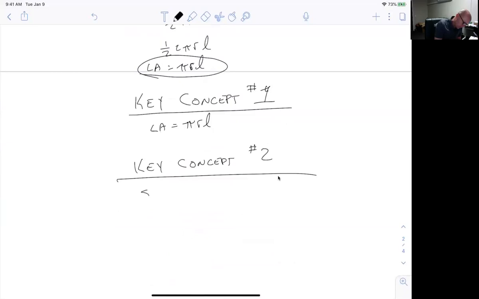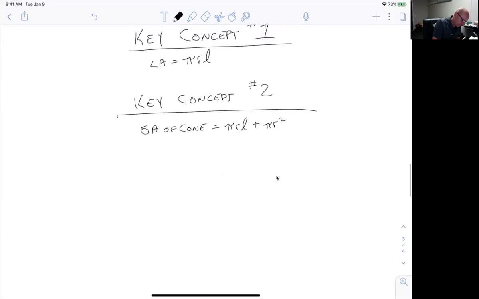So in order to find the surface area of a cone, I would need to take the lateral surface area, which is pi r times the slant height, and add it to the area of the base, which in this case today is a circle, so pi r squared. So key concept number 2 for today, surface area of a cone is pi r times the slant height plus pi r squared. Okay, let's do some problems now.